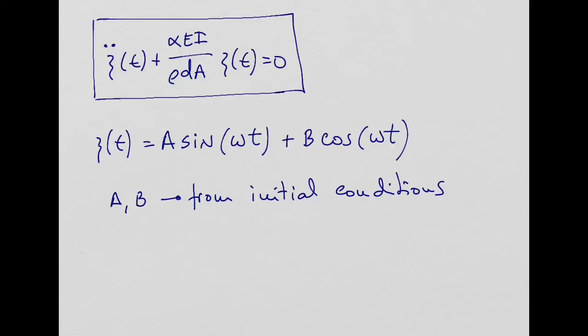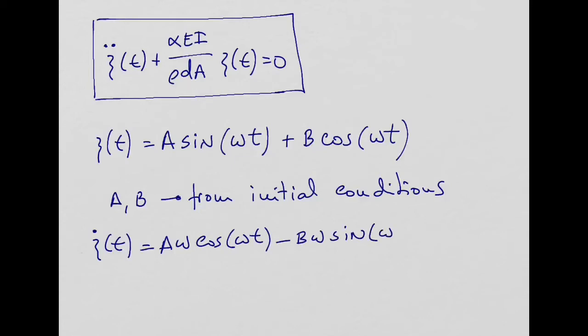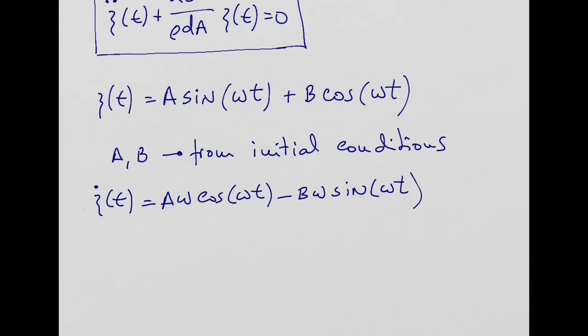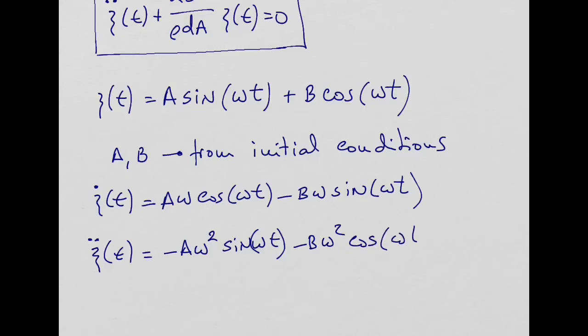Look, what I have to do now is just to get the first and second derivative of my function xi. The first derivative is quite easy. It's going to be AW cosine Wt minus BW sine Wt. Right? I'm just deriving a sine and a cosine function. If I do a second derivative, I will get minus AW square sine Wt minus BW square cosine Wt.